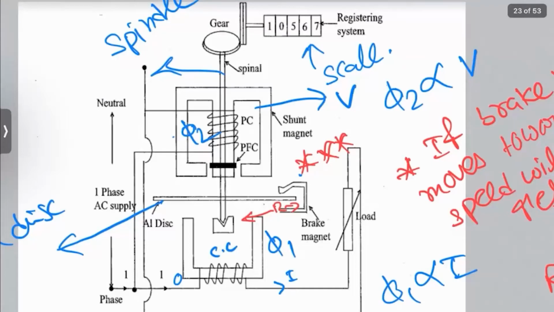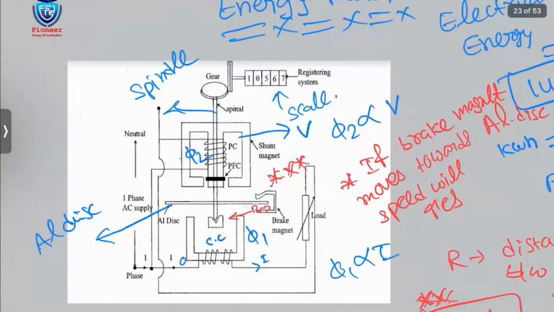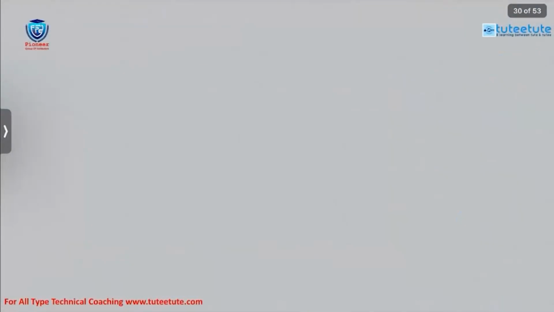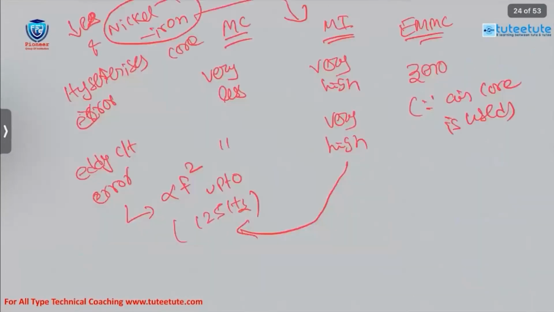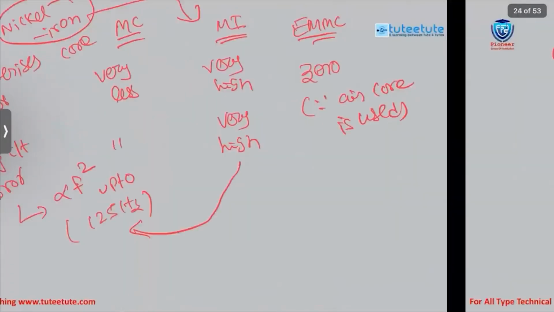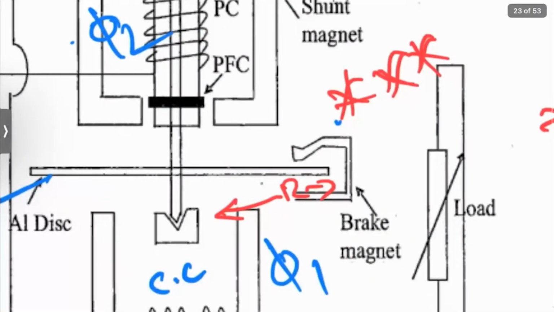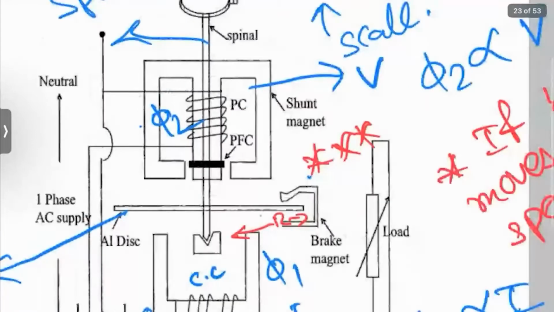But in some cases, even though the current coil is carrying no current, that means I equals 0, the aluminum disc is still slowly rotating in the meter. Why? Because of over friction compensation. Whenever a moving arrangement is there, the spindle is moving in the meter, and some friction will occur.